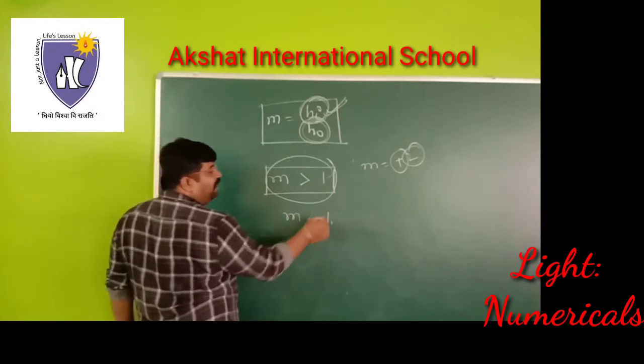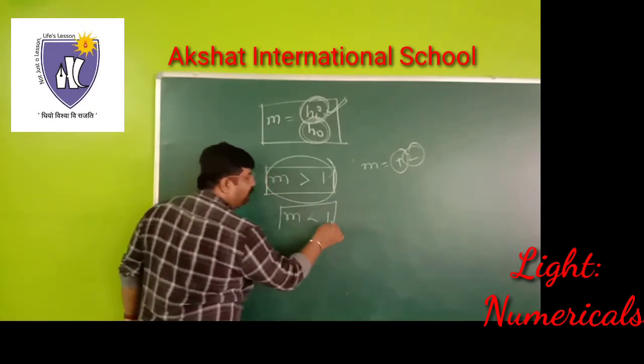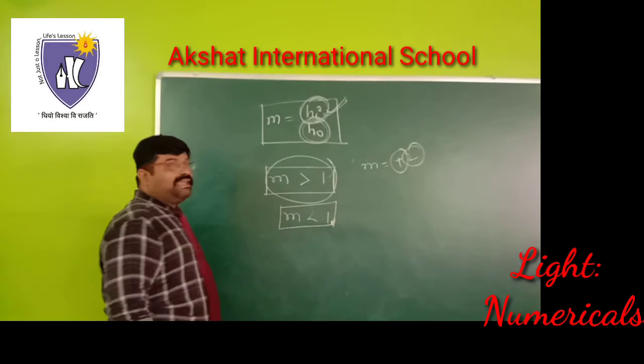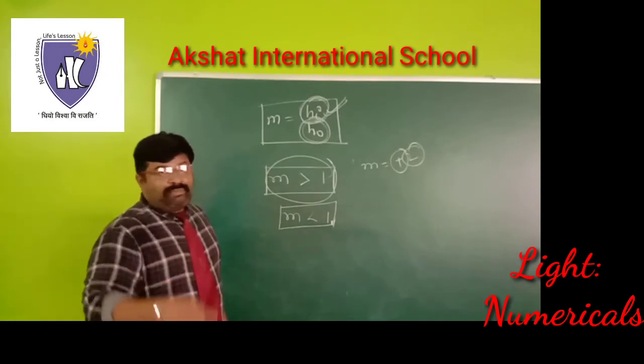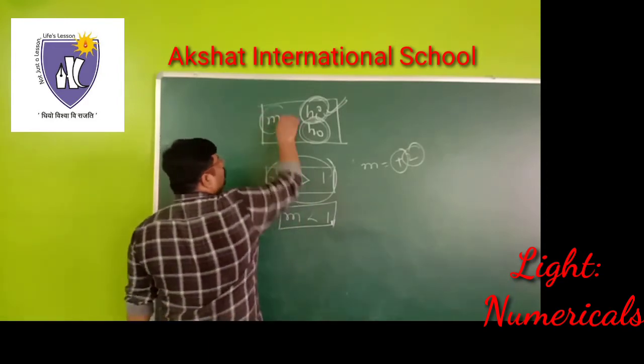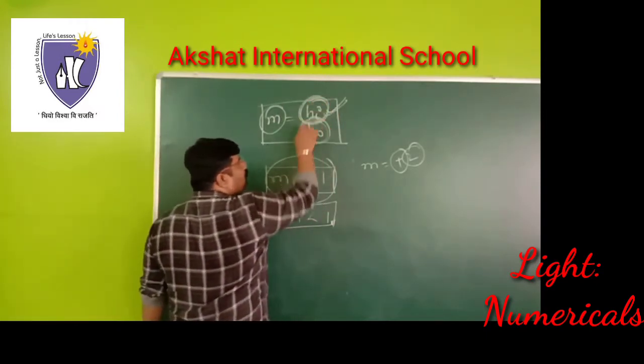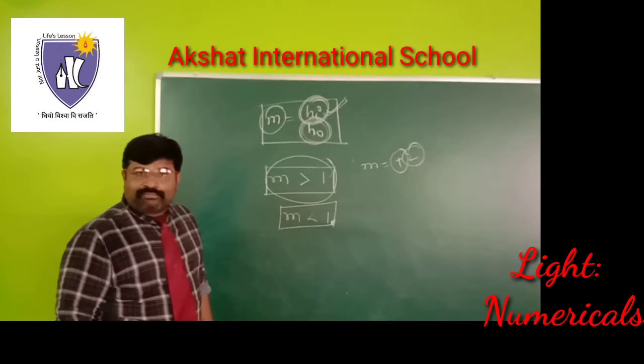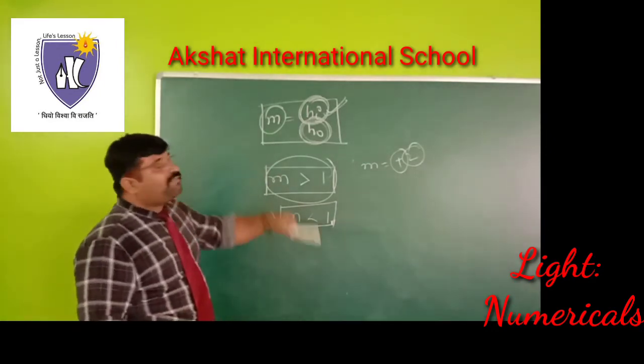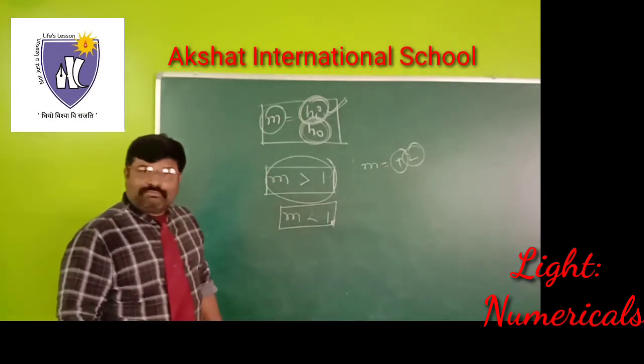Now, what if m is less than 1? From math you can see that this will be less than 1 only and only when the numerator is smaller than the denominator. Then only this overall fraction will become less than 1.